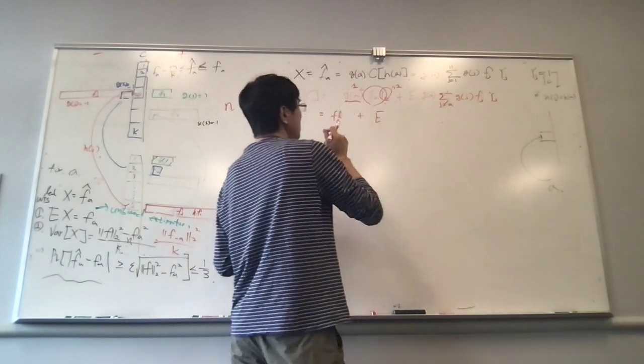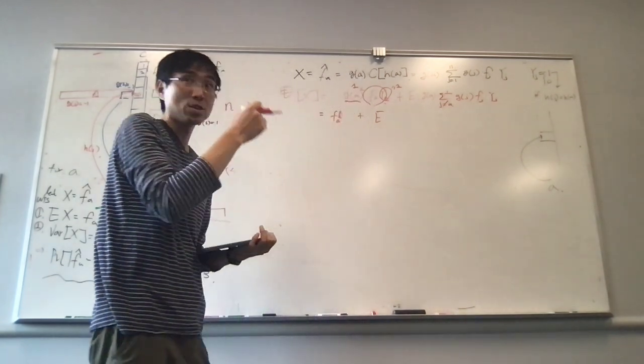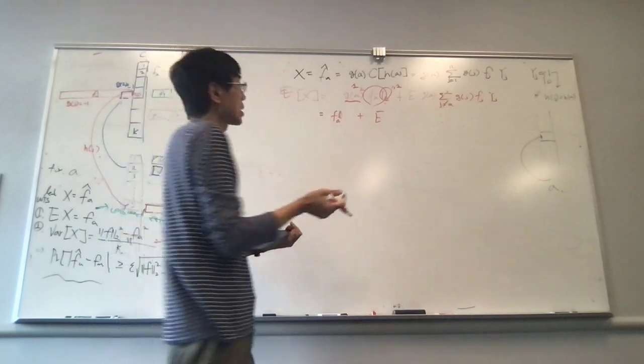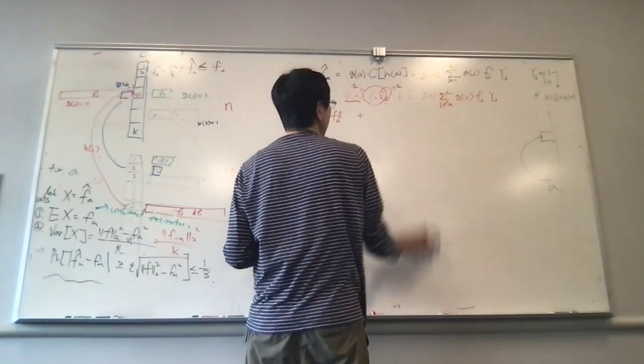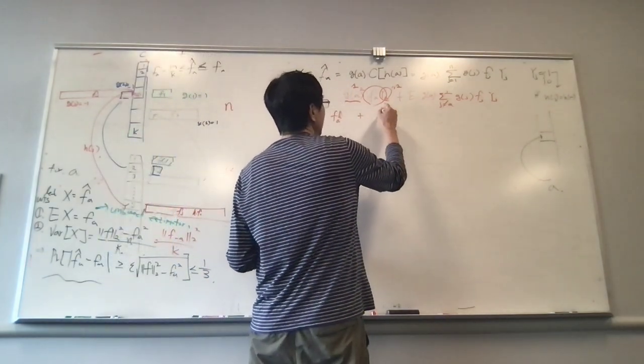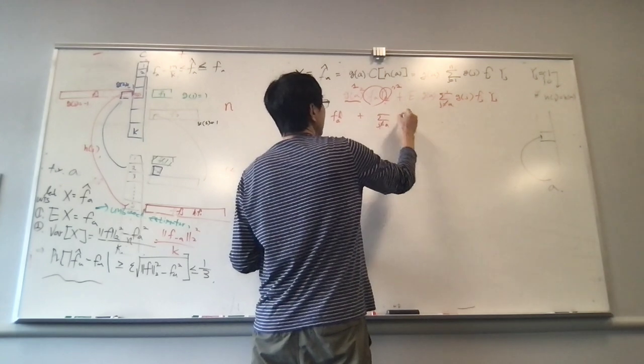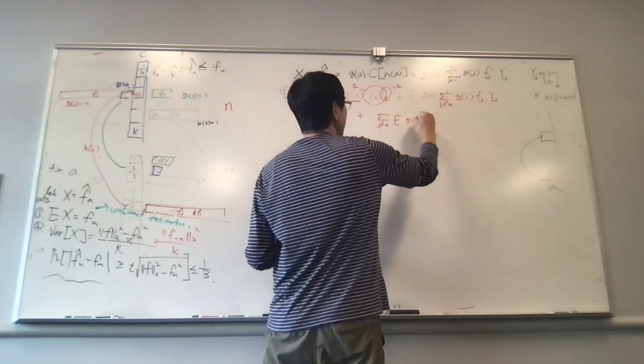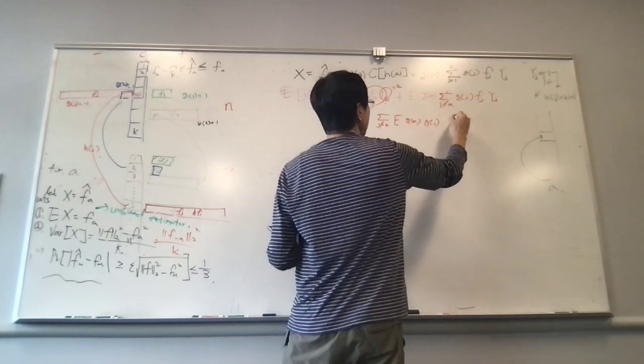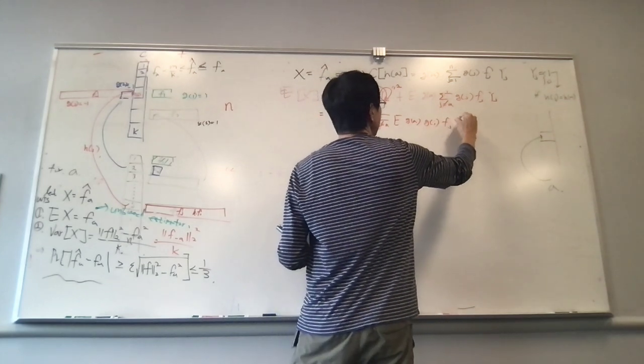First of all, I can use the linearity of expectation. So it'll be the expectation of G of A, G of J, FJ, YJ.